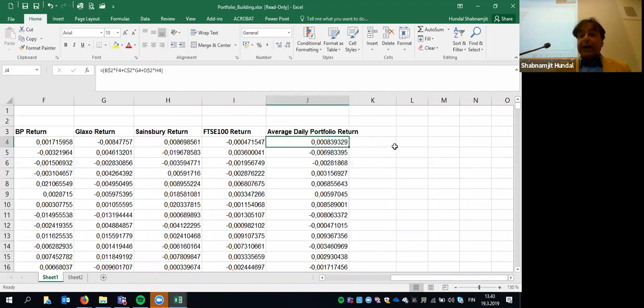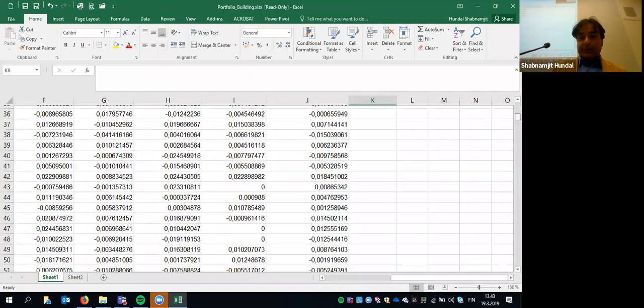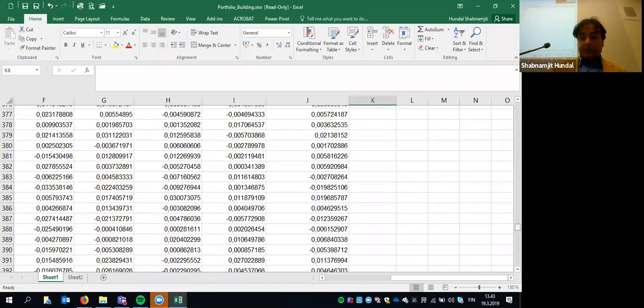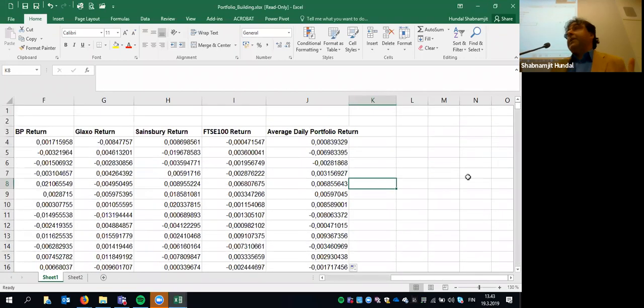And again, once you have this number, and if you go there, it will calculate all the way down, right? So this will be your daily stock return, if I can say so. Maybe you are interested in knowing how much you earn on an average, okay?